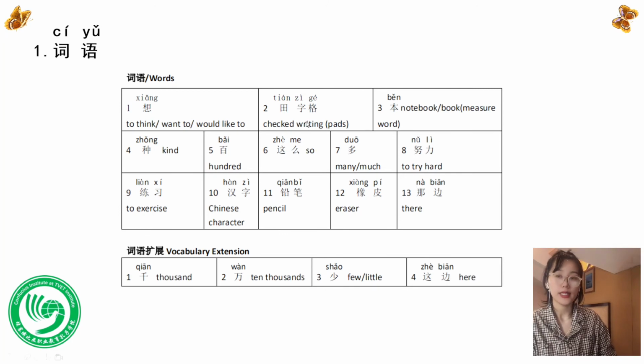Second, 田字格. 本. 种. 百. 这么. 多. 努力. 练习. 汉字. 铅笔. 橡皮. 那边. 千. 万. 少. 这边. Okay, we learned this part already.